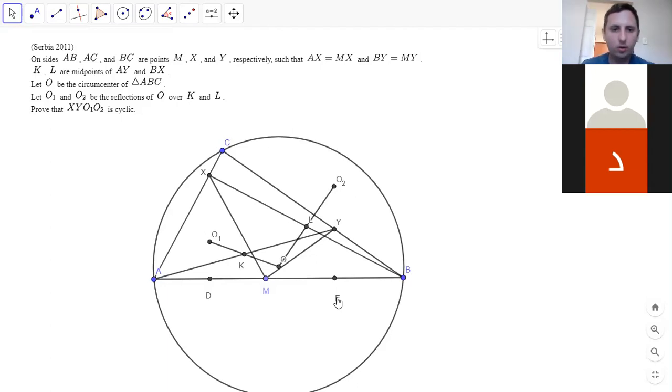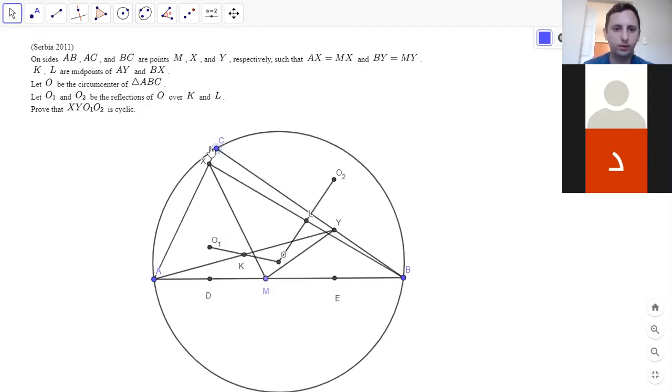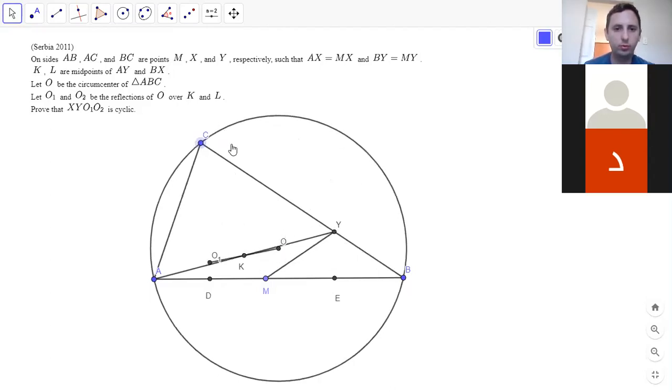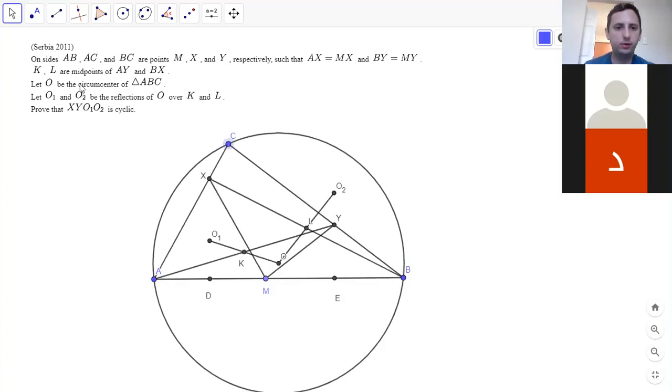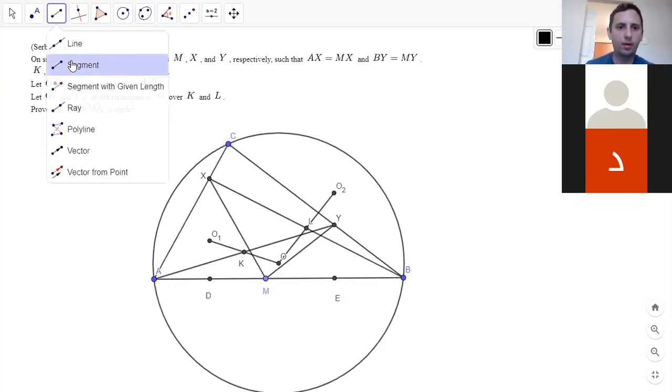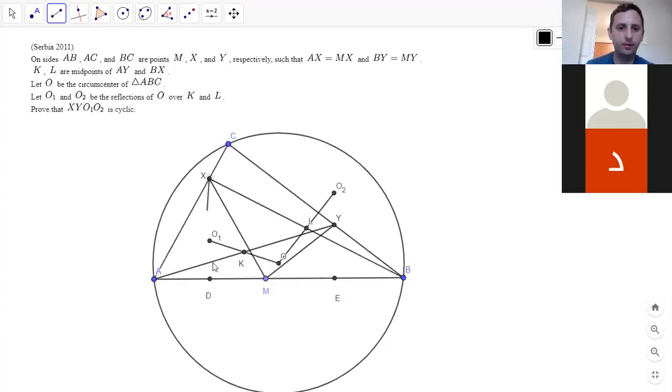So are O2Y and E collinear, or is that a coincidence? Yeah, O2, I think it's easy to show that these are collinear. I think it's just a length chasing, and that these are collinear.